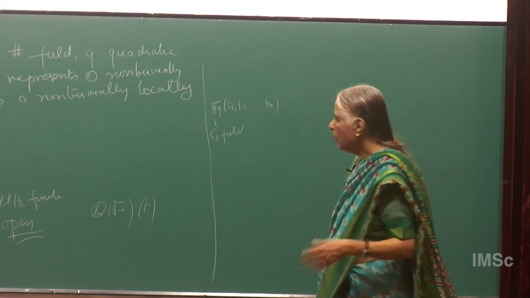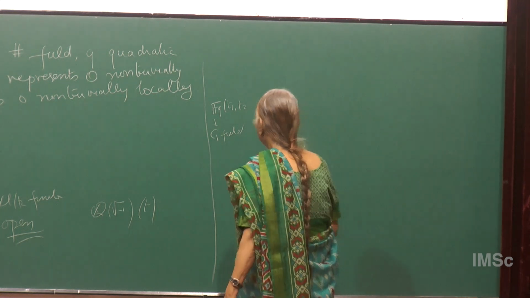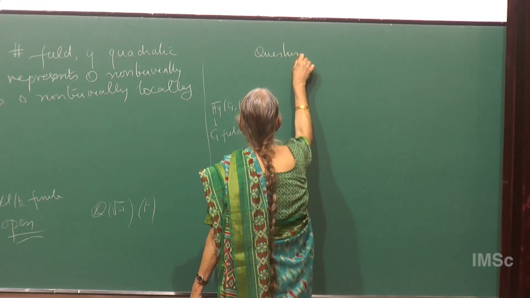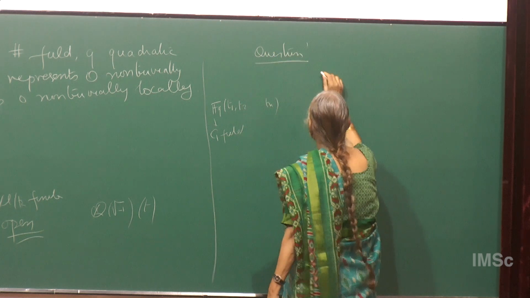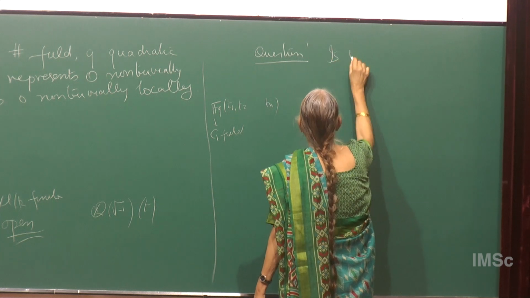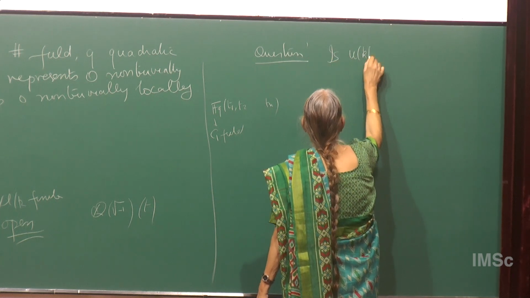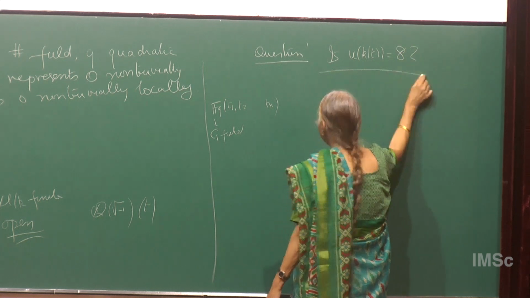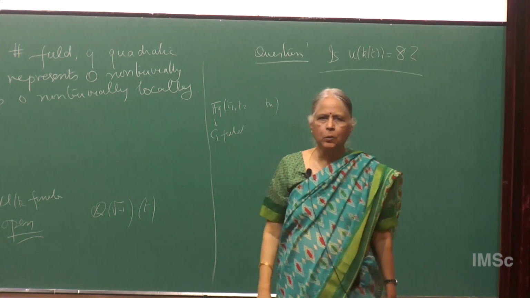In fact, a more bold question, question prime, which is even believed to be a conjecture: is the u-invariant of K(T) equal to 8? Does every form in 9 variables admit a non-trivial 0?